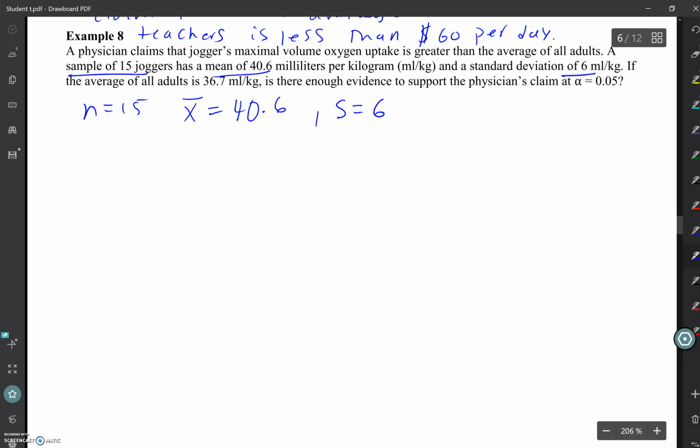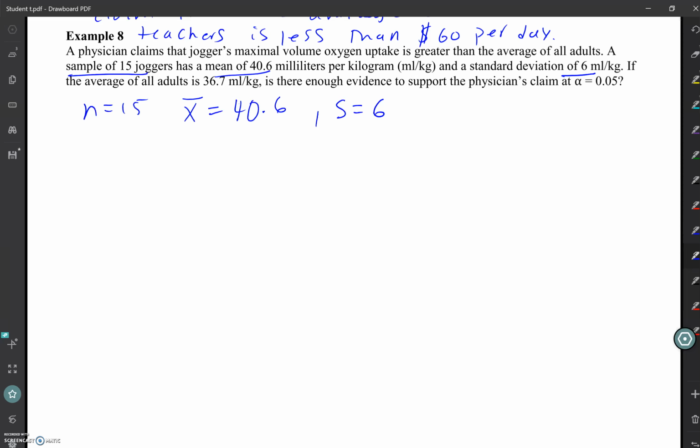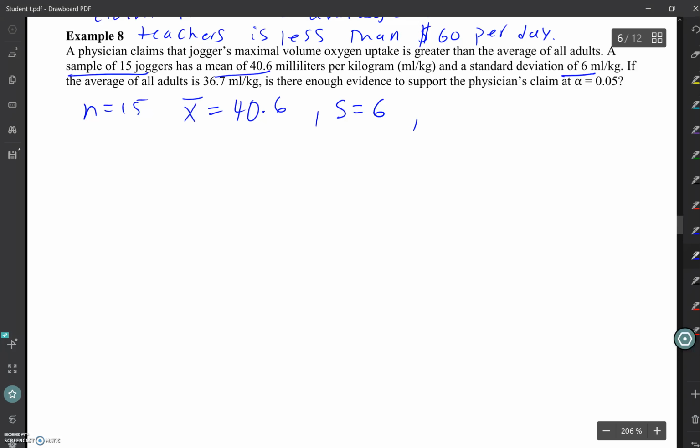It's the sample standard deviation rather than the population. Then they end the sentence and they tell you the average of all adults. What does the word all mean? Population. So mu is equal to 36.7. And then, of course, we have our alpha of 0.05.